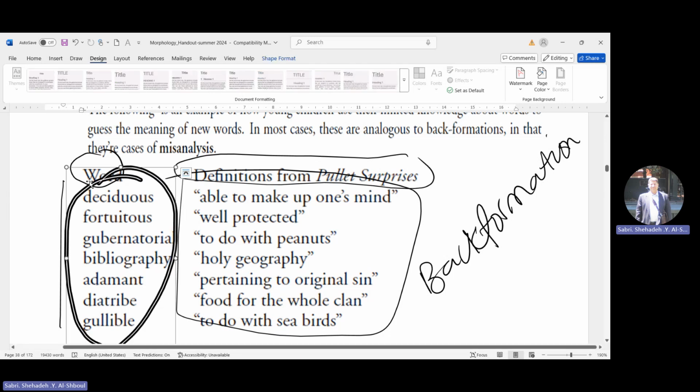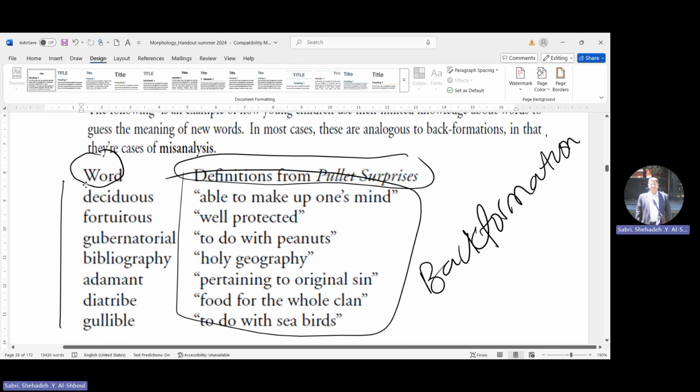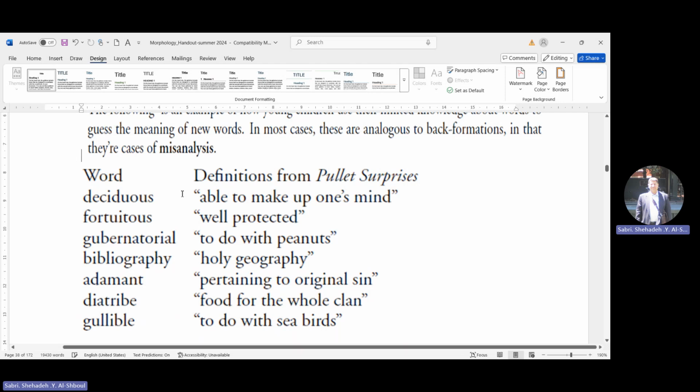For example, we have the word deciduous. The word deciduous means falling off; this is the correct meaning, taken from dictionaries like Cambridge, Oxford, and Merriam. It means shed at a particular season, as in deciduous trees.